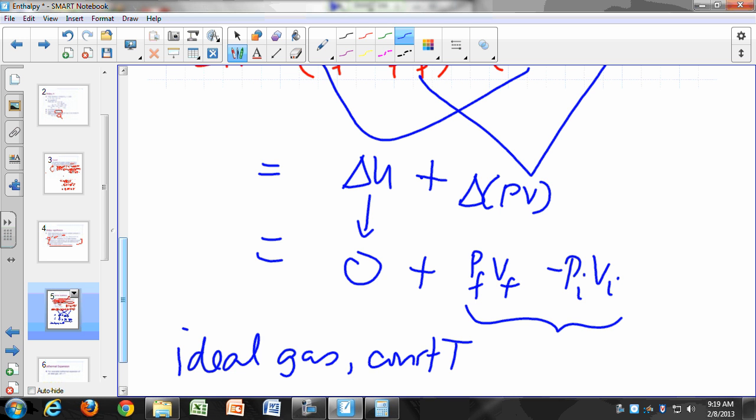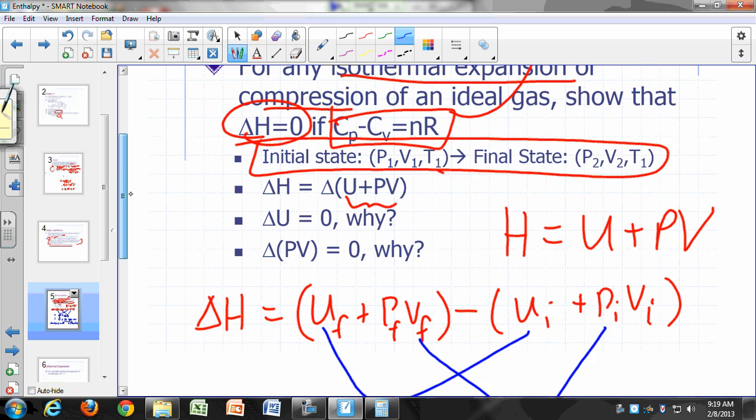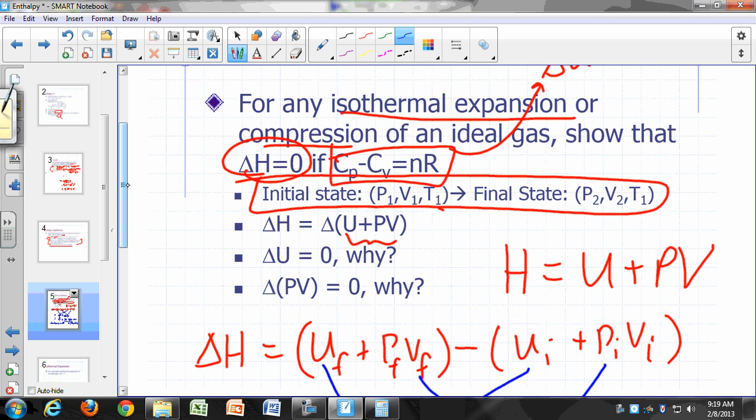Boyle's law. P1 V1 equals P2 V2. So delta H would be equal to 0. All right. So just like for delta U, you can show delta H is 0 for an isothermal process.